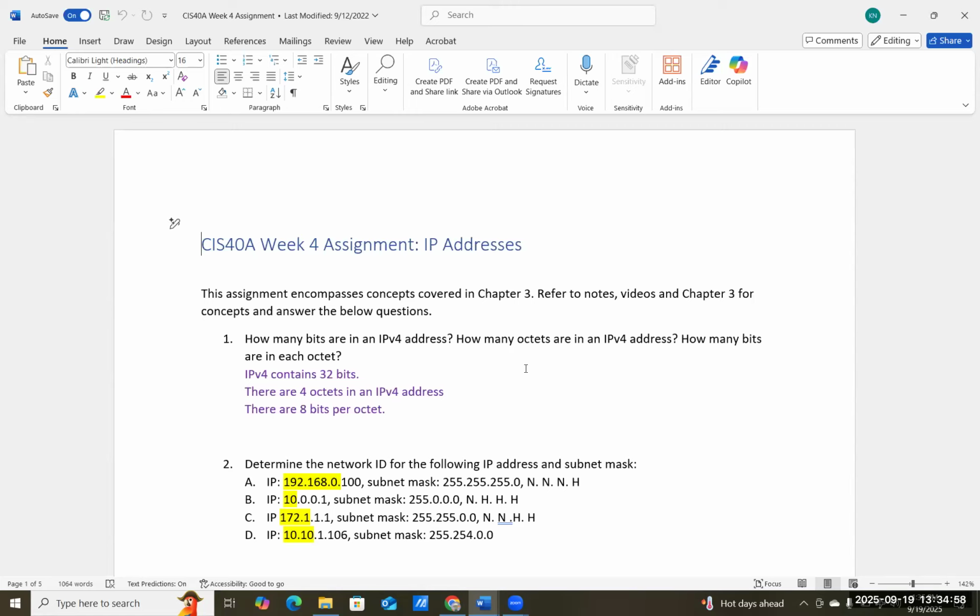Now, IP version 4 is supposedly phasing out. In 2011, the list of public IP version 4 addresses in the world ran out. Now, why are there still IP version 4 addresses being used?